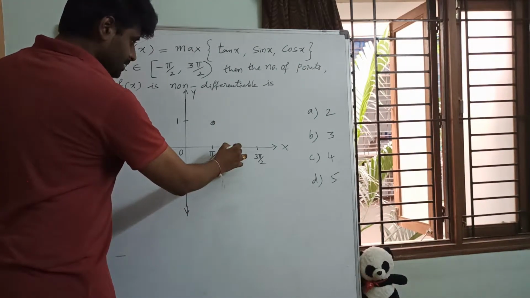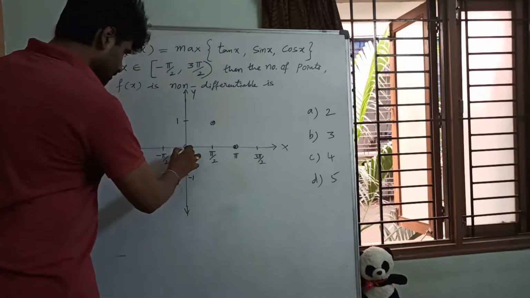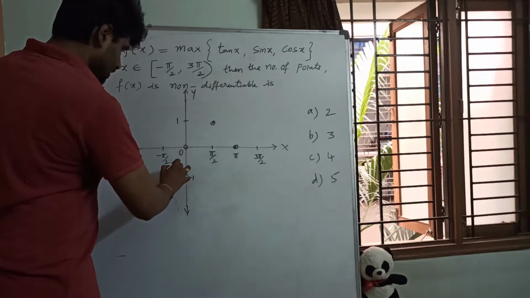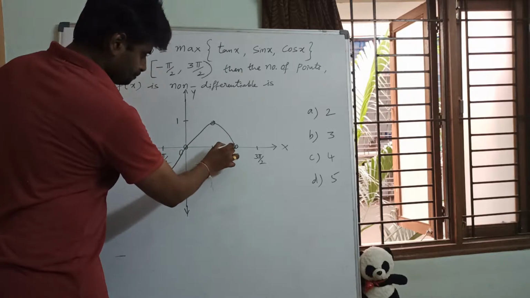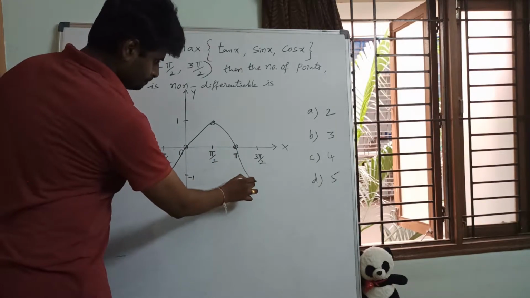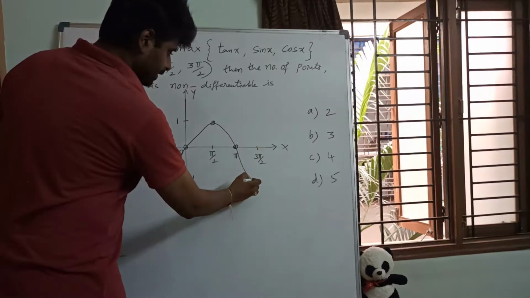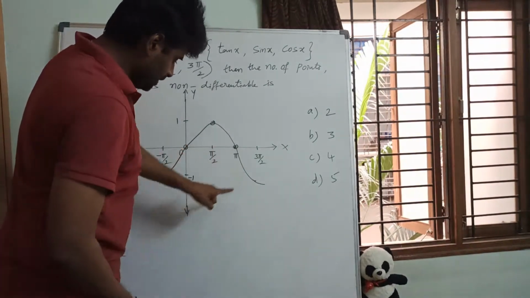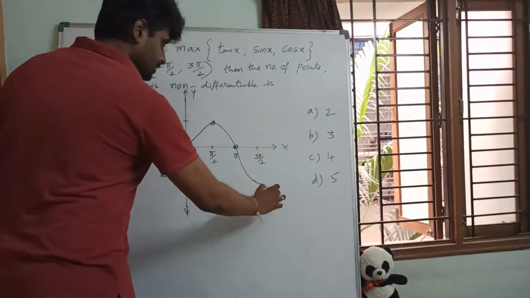Sin 180 is 0 again. So this is the curve of sin x. Again, it is minus 1 at 3 pi by 2, right? So this is the sin x curve, correct?